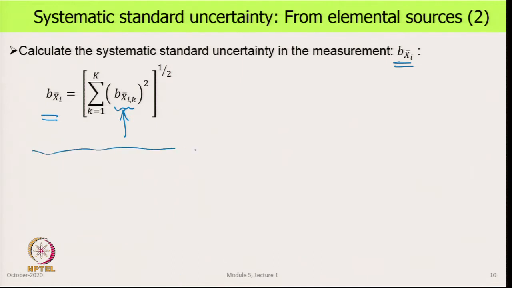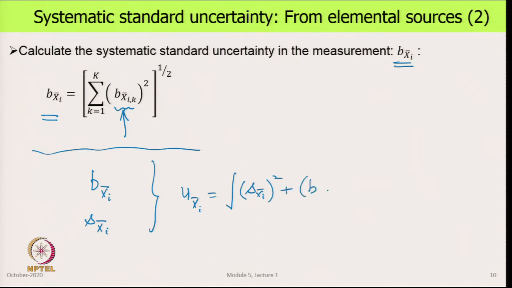So, with this operation we also get bxi bar. From an earlier operation we had got sxi bar, and we then combine these to get uxi bar, which is nothing but the square root of the sum of the squares, sxi bar squared plus bxi bar squared. And that is what we were wanting.